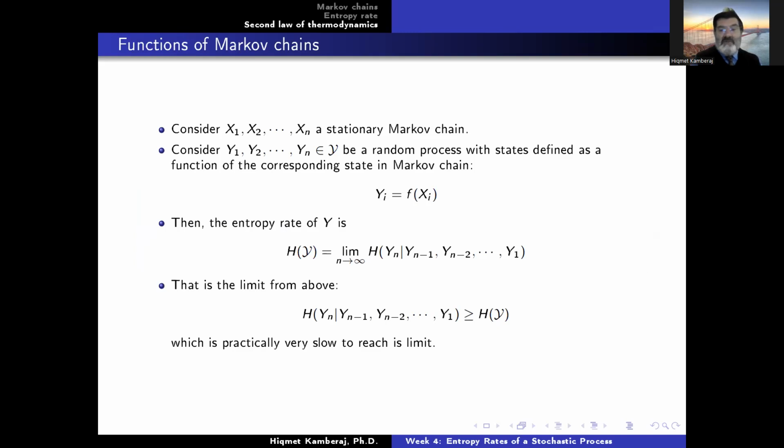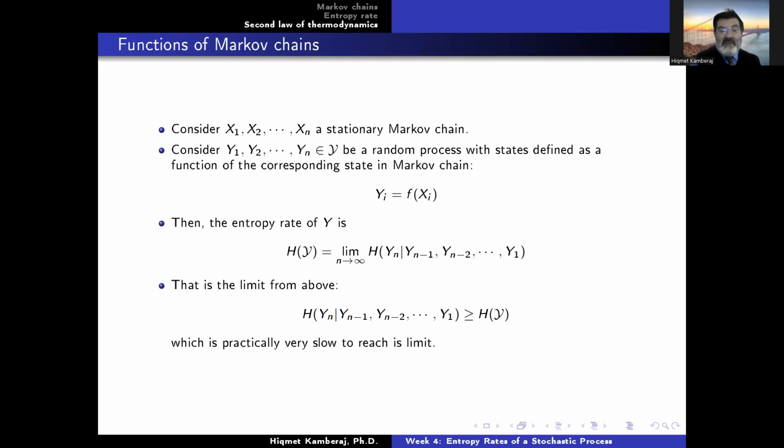Now, some functions of Markov chains. Consider X1, X2, up to Xn a stationary Markov chain. Consider also Y1, Y2, up to Yn from epsilon a random process with states defined as a function of the corresponding state in the Markov chain. So this means that Yi is equal to f of Xi. Then the entropy rate of Y, which is defined as h of epsilon, is the limit as n goes to infinity of the conditional entropy of Yn given Yn-1, Yn-2, up to Y1.